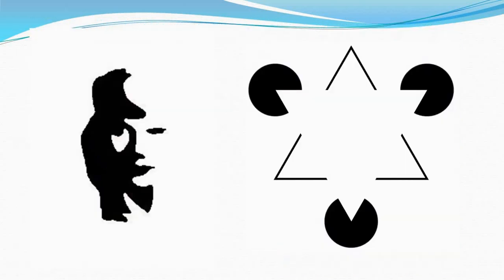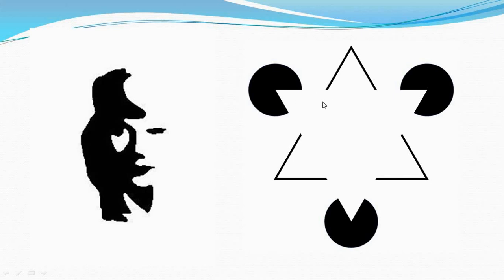Also you can see in this image that if I link this edge, I'll see a man who is playing a trumpet or some instrument. But if I link this edge, then I can see a girl's face. In this image there is nothing over here until my brain links these edges, and you can see a star that is formed, but in reality there is nothing over here.